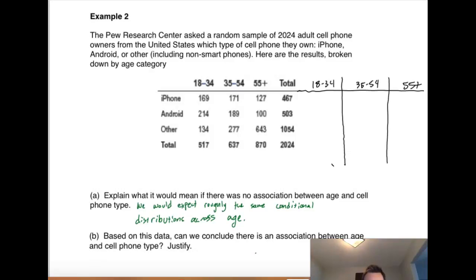The first thing I'm going to do for the 18 to 34 is find what percentage of that group use an iPhone. To do that, we take the 169 and divide it into the 517. In our calculator, 169 divided by 517 comes out to about 32.7%.